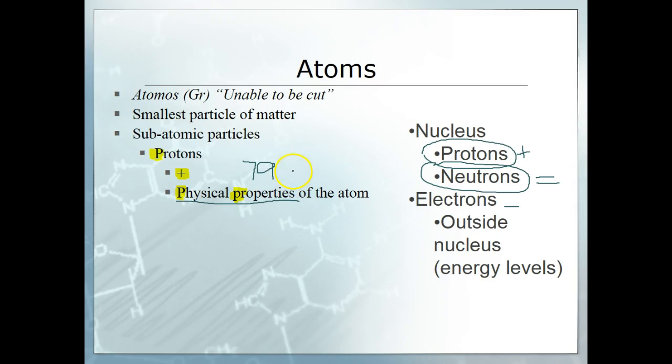If you added one proton to that gold atom, now all of a sudden you have 80 protons and you change the structure of the atom entirely. Just adding one tiny little positively charged proton to an atom that has 79 already turns this gold atom with 79 protons into mercury with 80 protons.